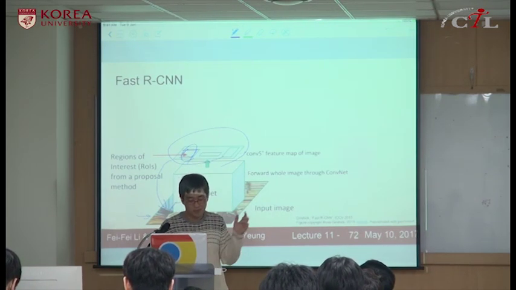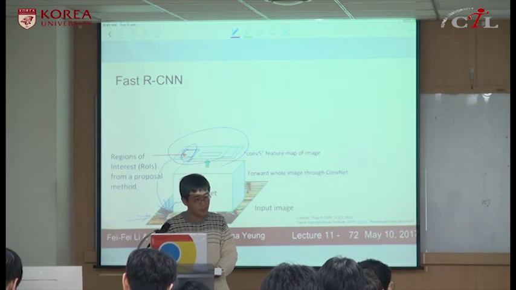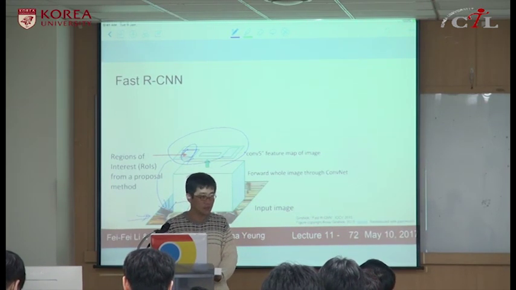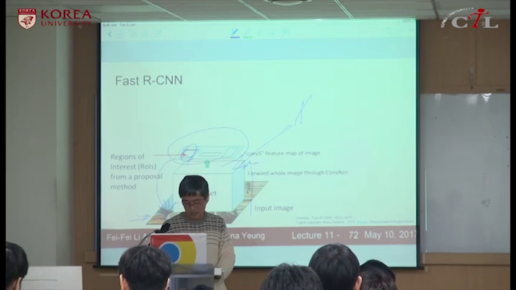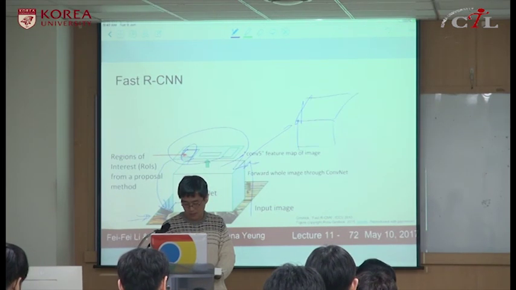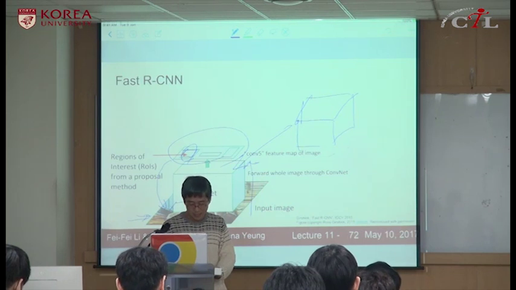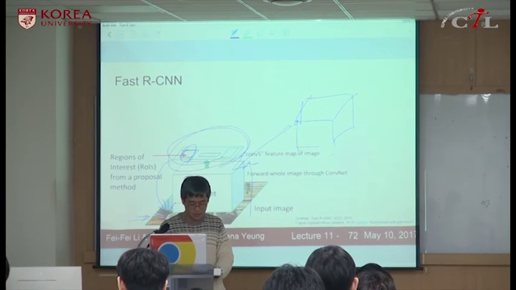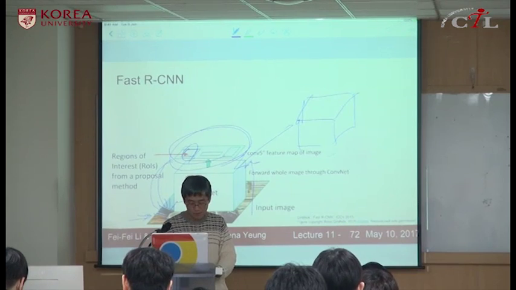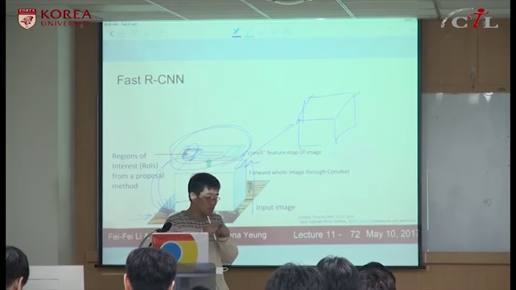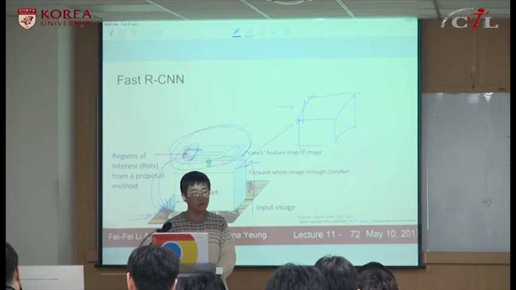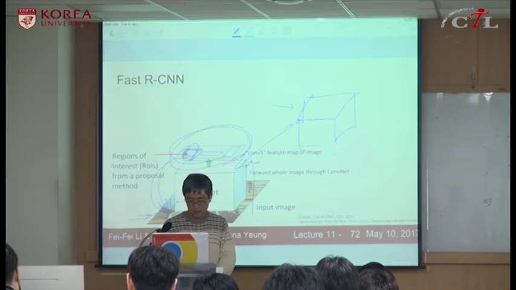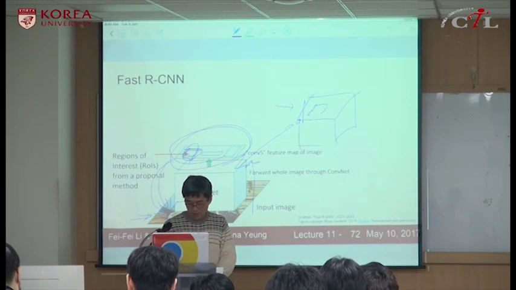2,000 times, separately. But in this case, given a single image, before applying the region proposal method, we just go through the convnet to obtain a feature map, like this. The region proposal method is still applied to the original image, and once we obtain the region information, we crop that part from this activation map.